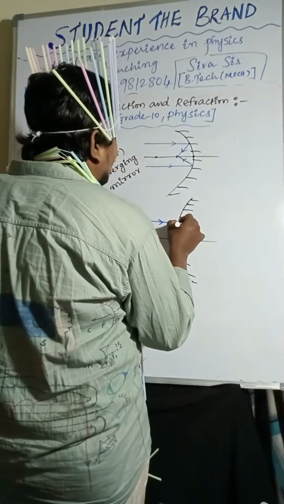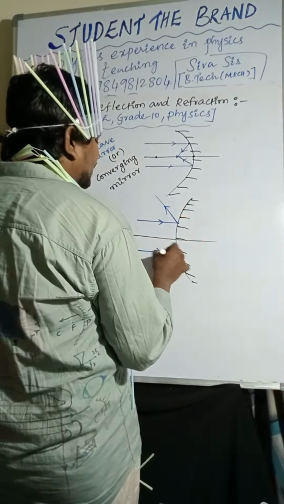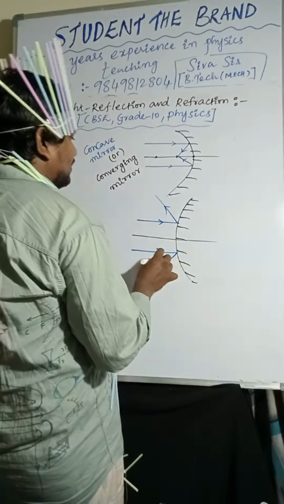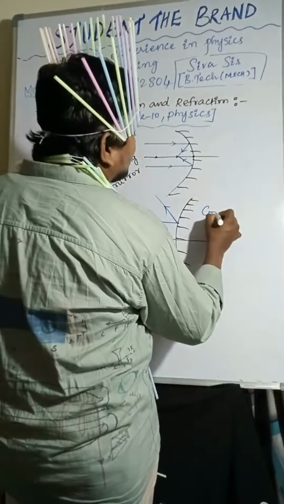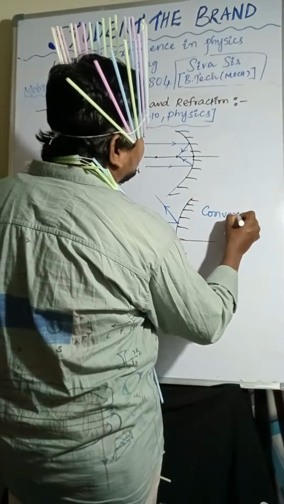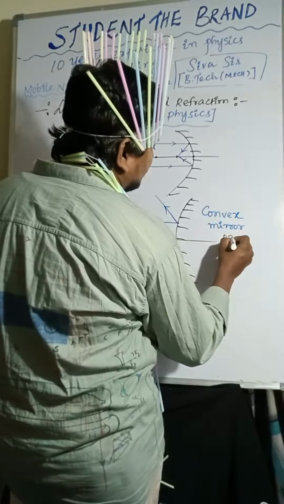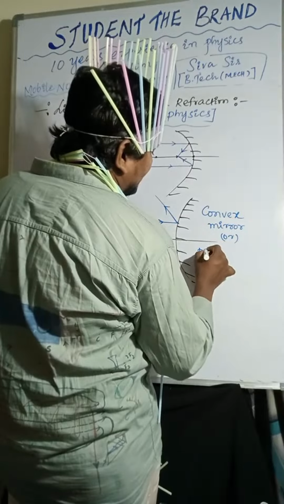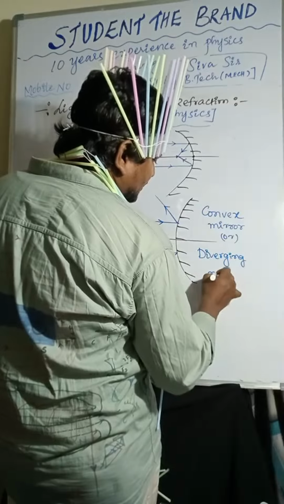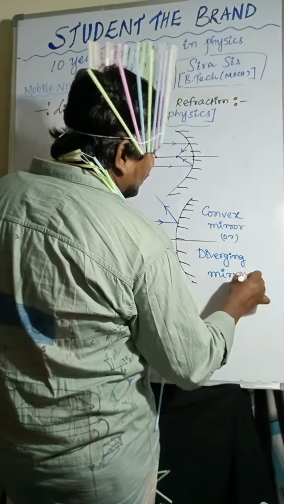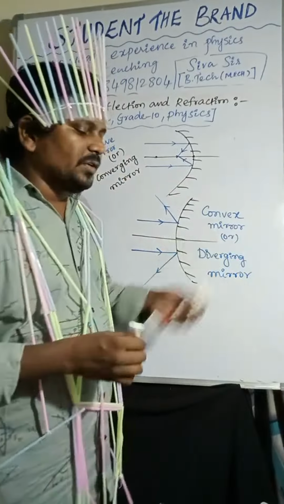A concave mirror is known as a converging mirror, and a convex mirror is known as a diverging mirror.